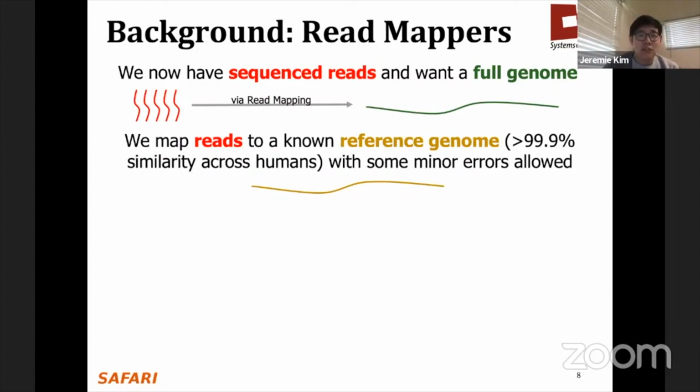And this is generally true across any organisms of the same species. And this reference genome enables us to map our reads to the known reference with some minor differences allowed, which then requires the approximate string matching problem. And the differences between my genome and the reference genome or someone else's genome is what makes each of us unique.